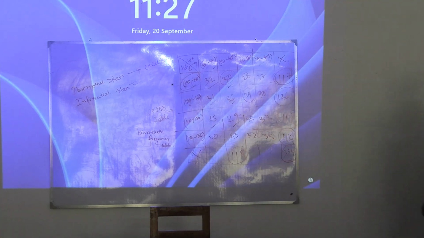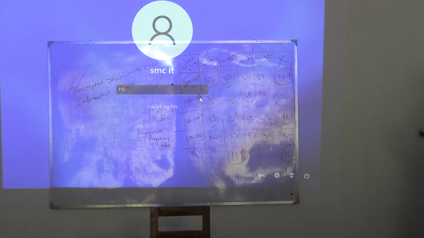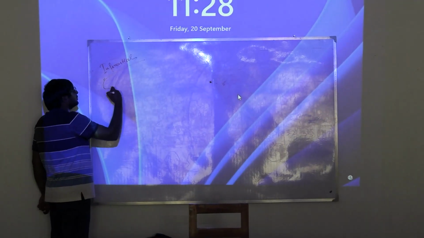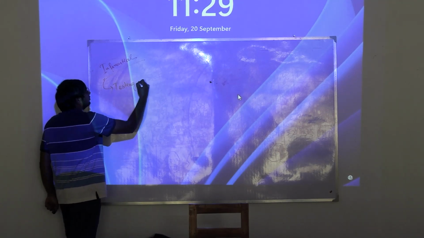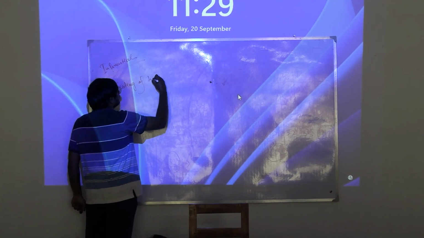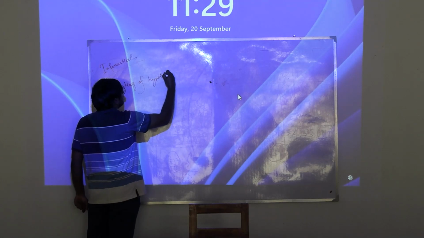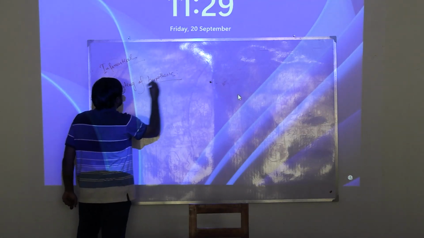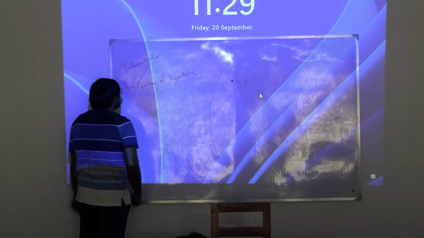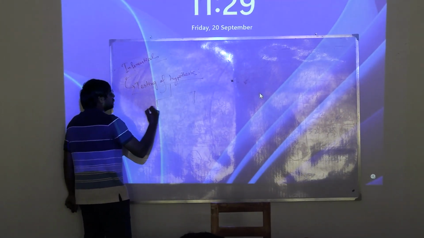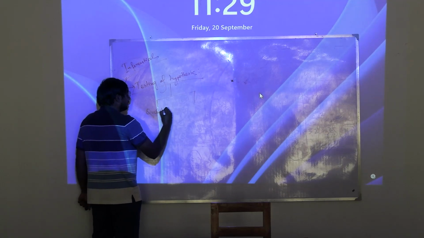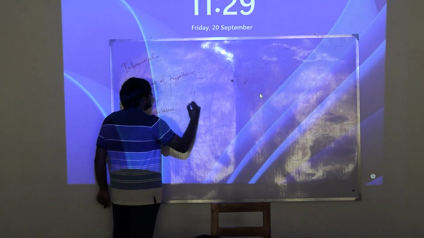Now I'll teach you how to do this on Excel. The mode of inferential statistics we were using is testing of hypothesis. Correct? So just like data, tests are of two types. One is qualitative, another is quantitative.